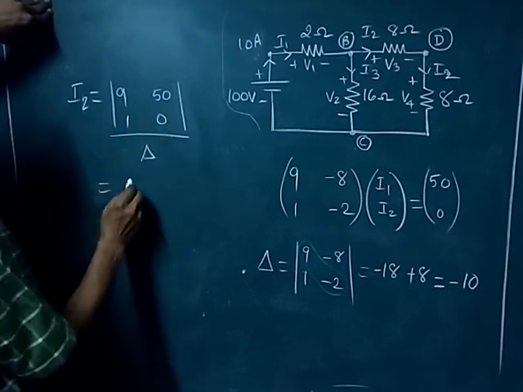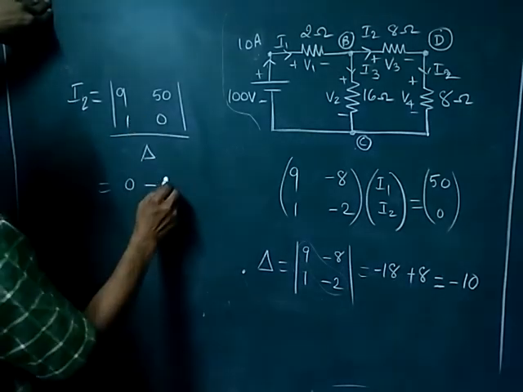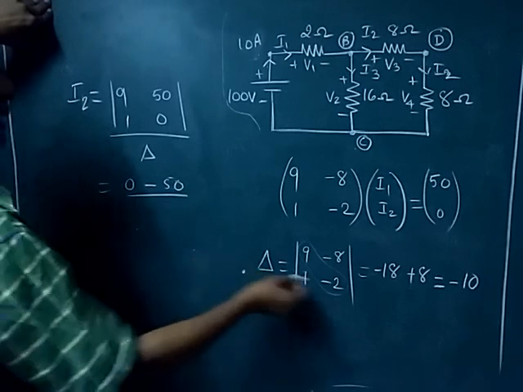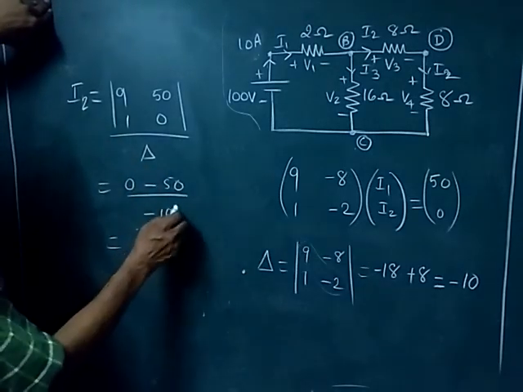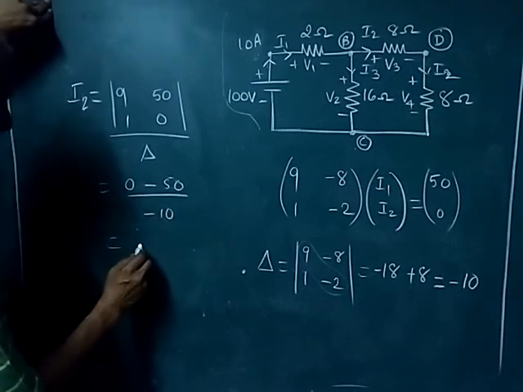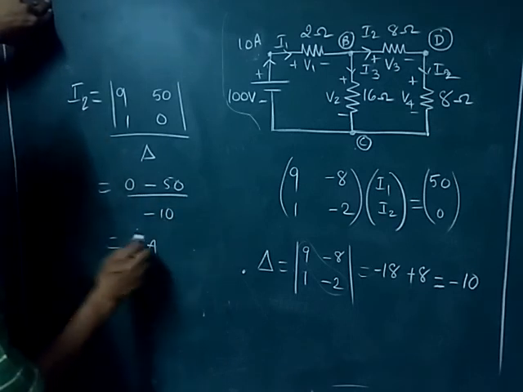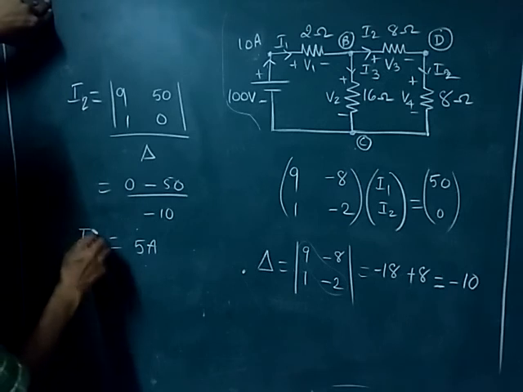So 9 into 0 is 0, minus 50 into 1 is 50, divided by del. Del value is minus 10. So the minus minus gets cancelled, 5 ampere. So I2 is equal to 5 ampere.